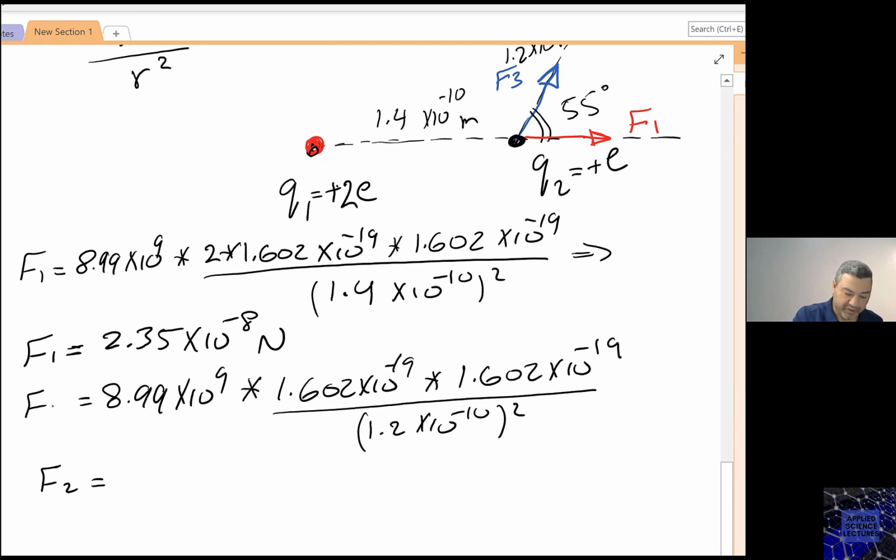We called it F3. F3 is 1.6 10 to the power minus 8 Newton.